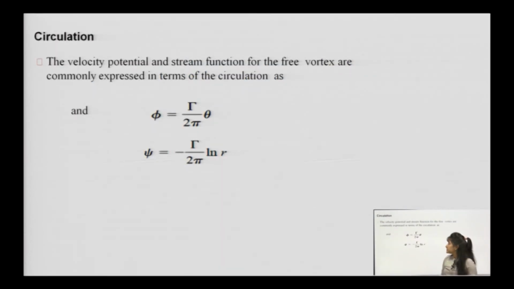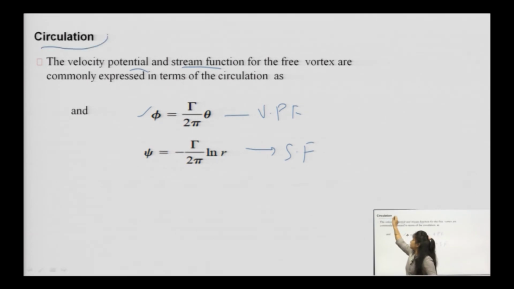Now, coming to circulation, the velocity potential and stream function for the free vortex can be expressed. Phi will be the velocity potential function and psi will be the stream function. They are both represented in terms of circulation.